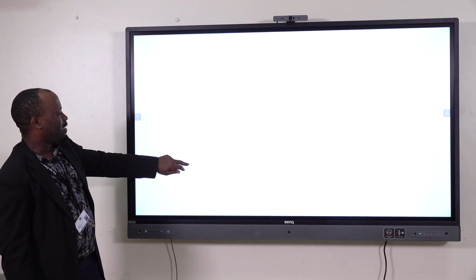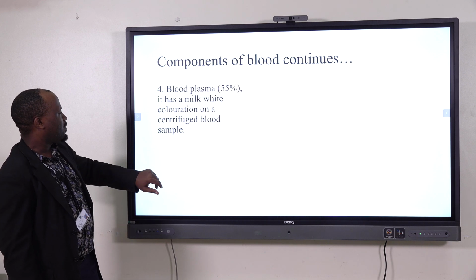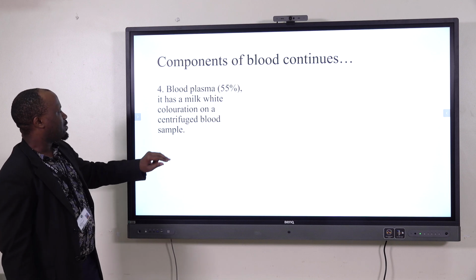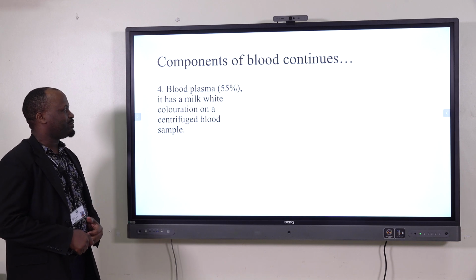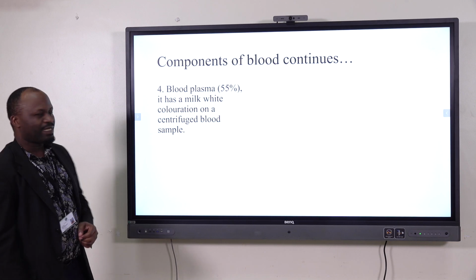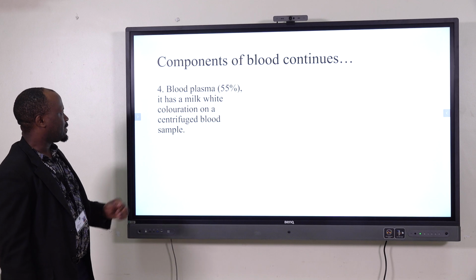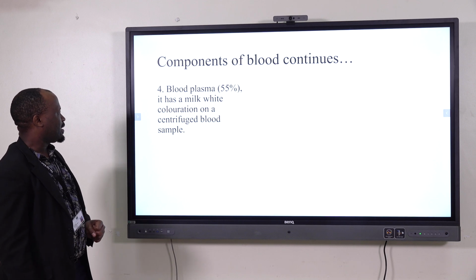Now we have the fourth type of blood component, which is blood plasma, which makes up about 55%, and it has a milk white coloration.